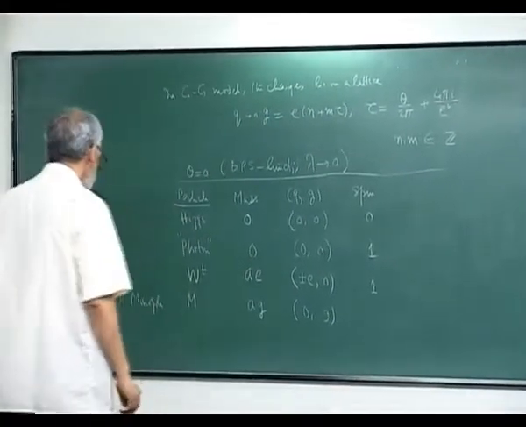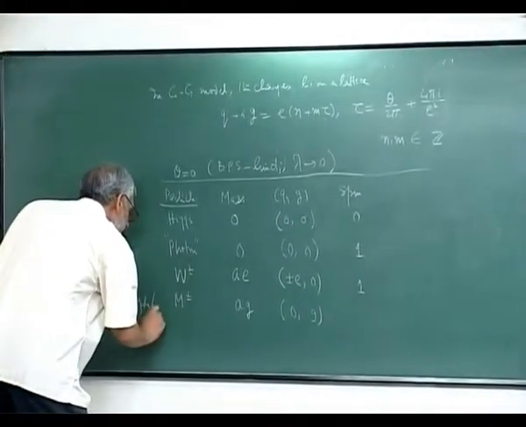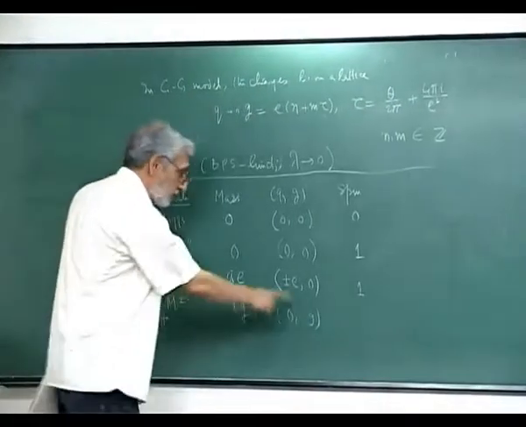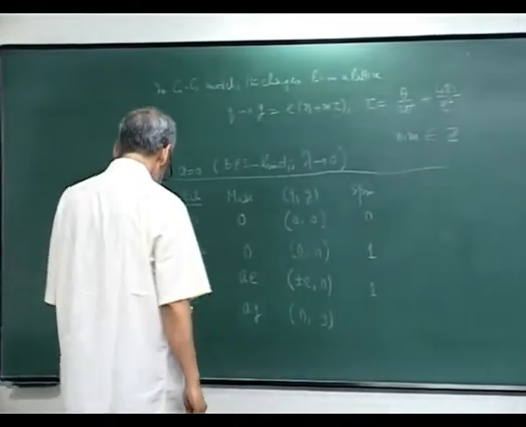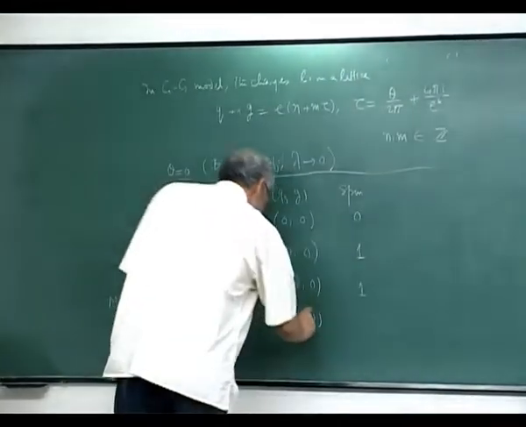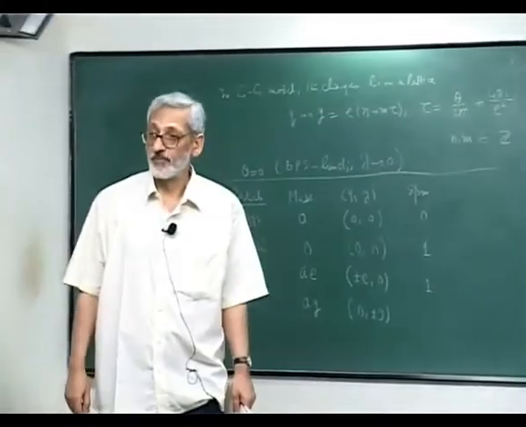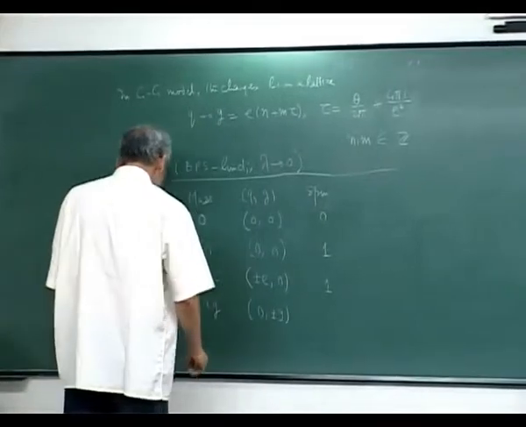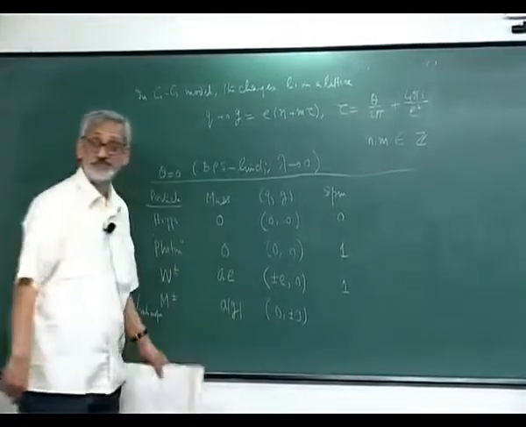We also had an anti-monopole with the same mass, except that the charge was minus g, and the mass is with the modulus.